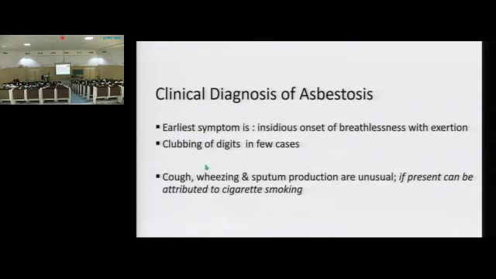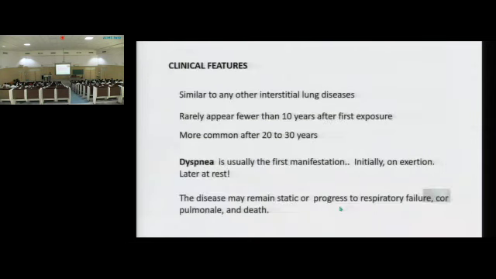So in the clinical diagnosis of asbestosis, the patients in early symptoms will have insidious onset of breathlessness on exertion, and these patients may have clubbing of the digits in a few cases. There can be cough and wheezing; sputum production is unusual, and if present can be contributed to by a smoking history. The clinical spectrum is similar to any other interstitial lung disease.